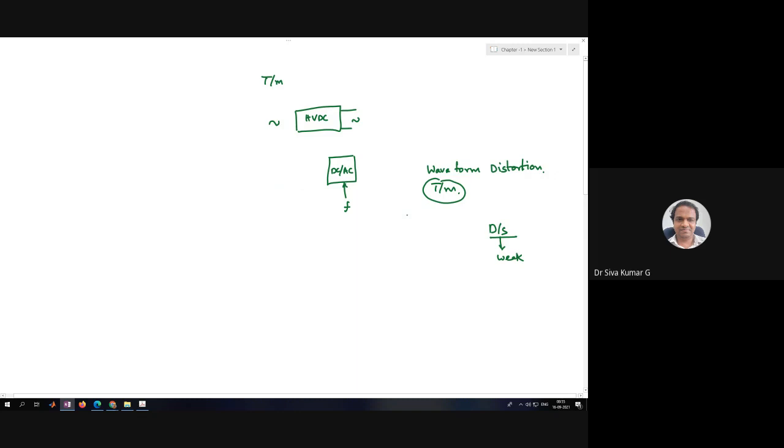It can sustain. When you compare with FACTS, we have a flexible AC transmission system, or flexible AC control transmission system also.